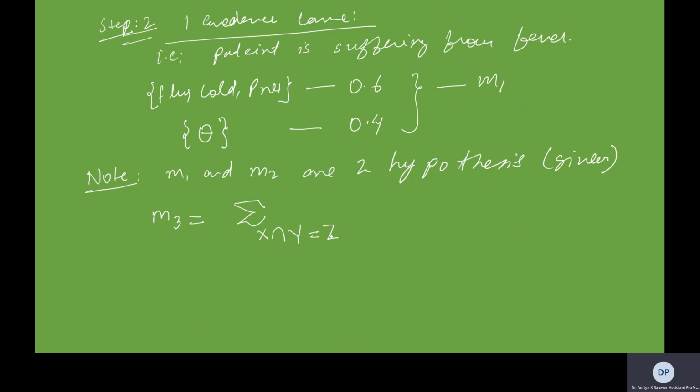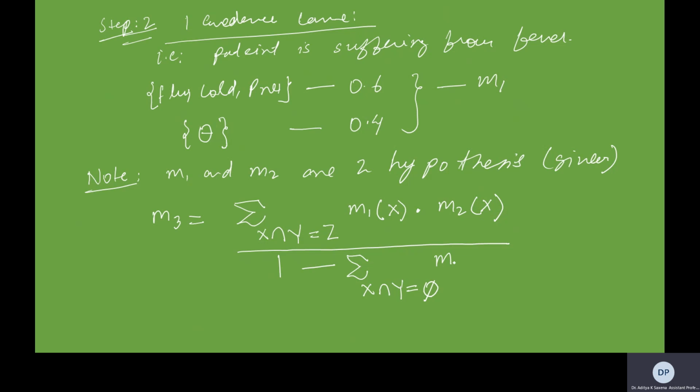Take the intersection of X and Y and multiply the belief values for those, M1(X) into M2(Y), divided by the normalization term, 1 minus the sum of M1(X) into M2(Y) wherever X intersection Y is empty.